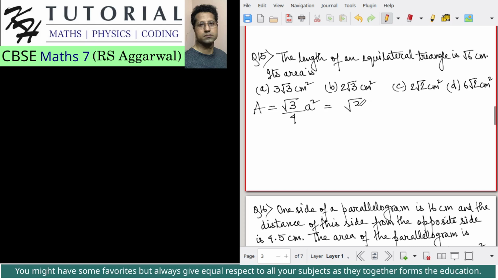So the area becomes square root of 3 divided by 4 multiplied by square root of 6 square centimeter square. This is square root of 3 divided by 4 multiplied by 6, since square root of 6 squared is 6. And if I simplify this, this will be 3.